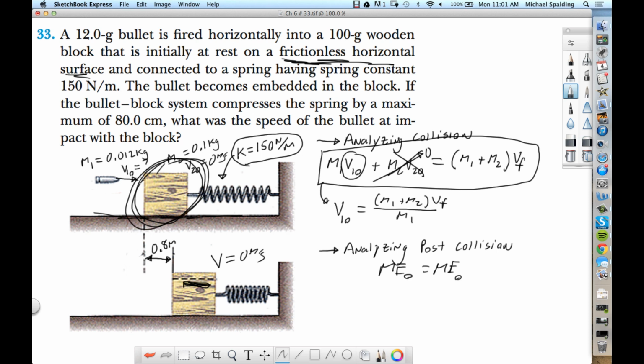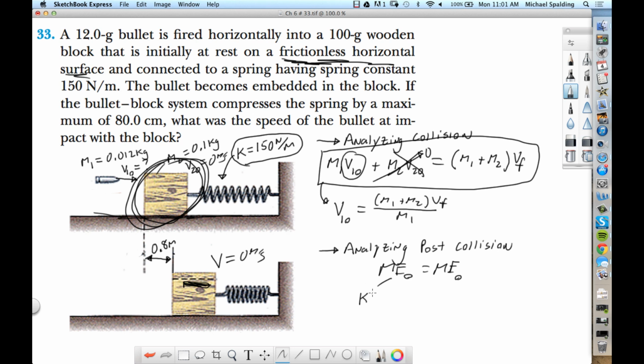So what type of energy do we have the split second the collision is over? The bullet goes into the block. Bam! The collision's done, but then the bullet block combo smushes the spring. What's our starting mechanical energy? Remember, there are 3 types of mechanical energy: kinetic, potential of gravity, and potential of spring.